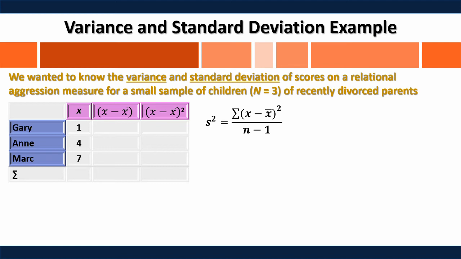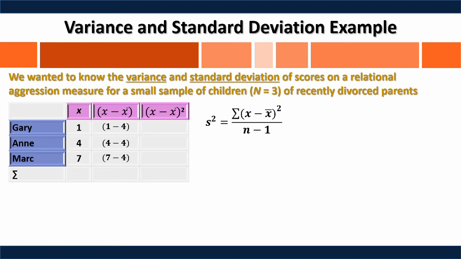But we still know nothing about variability. The next step, according to the equation, is to take each individual score and subtract it from the mean. So for Gary, his score was 1 and the group mean was 4, so the component inside the parentheses for Gary is -3. For Anne, her score was 4 minus the group mean of 4, which is equal to 0.